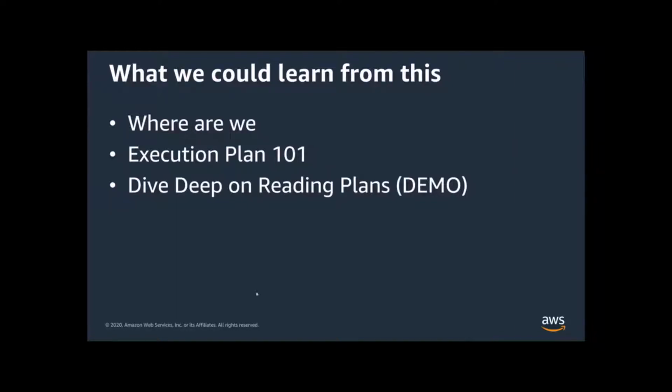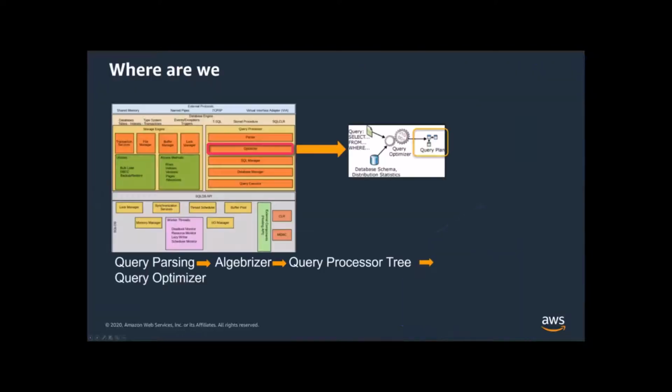So the first thing, on the overview, is where the plan is. The plan is on the left side. As you can see, it is the optimizer that generates this plan. The optimizer belongs to the query processor, which belongs to the relational engine.